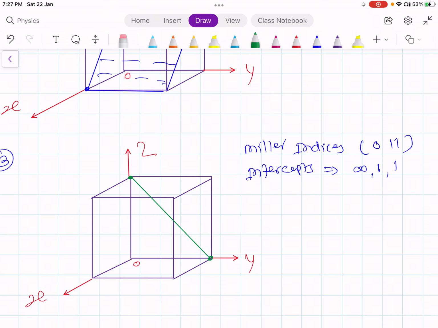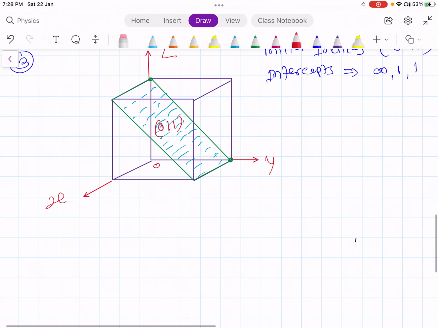So we have to extend this plane and join this point also. So this is the plane. No need to shade if you don't want. This plane is 0, 1, 1. So that is the third plane.